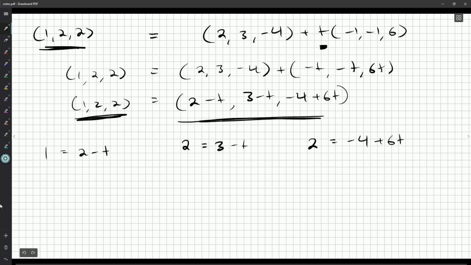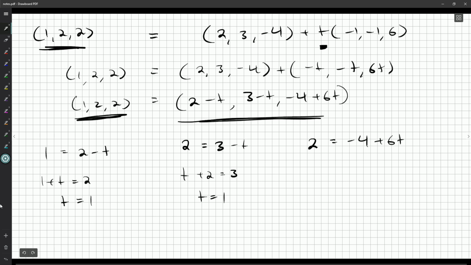Okay, so let's solve this first one. Bring the t over to the other side. Subtract 1 on both sides, t is 1. If these other equations give us t as 1, then we're good to go. Solve the next equation: bring the t over to the other side, subtract 2. t is 1 again.